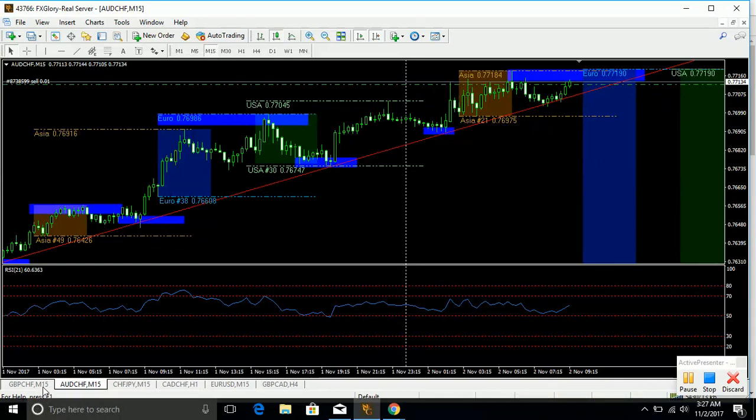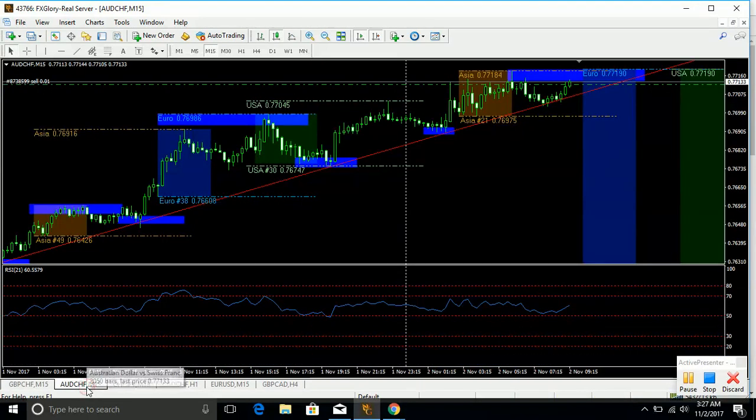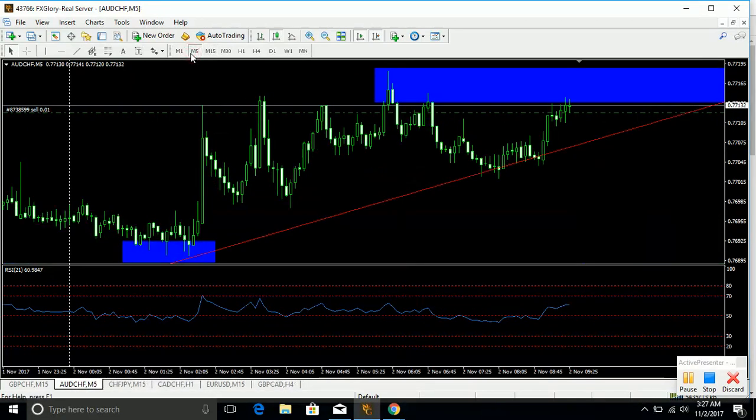But the pound CHF has already broke away. So now I'm just expecting the same movement to happen here on this Aussie CHF.